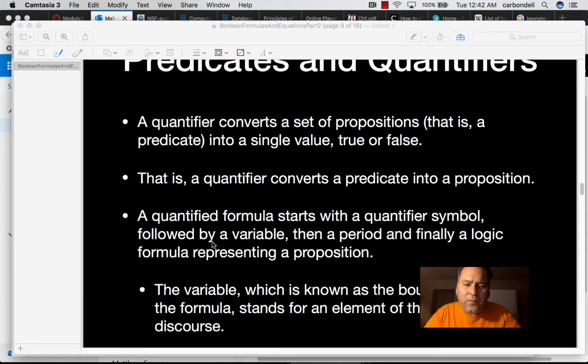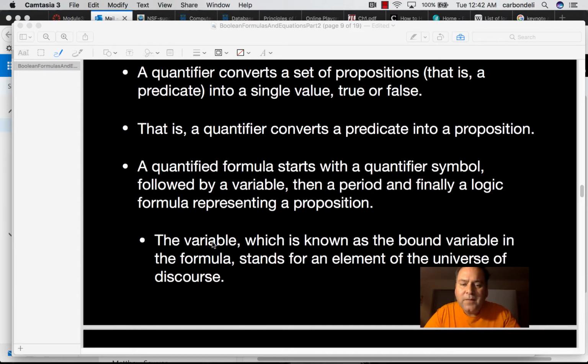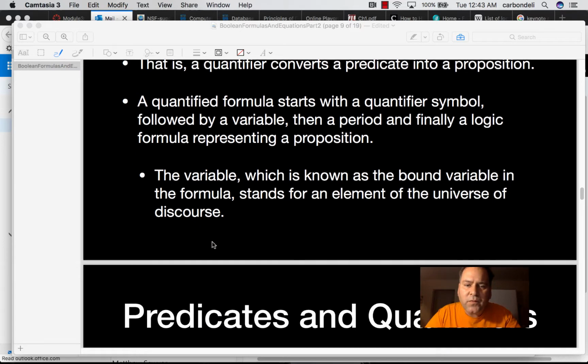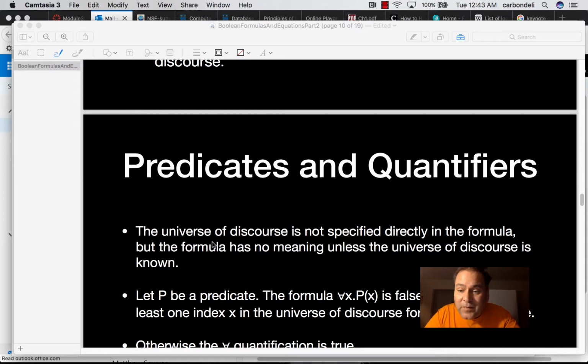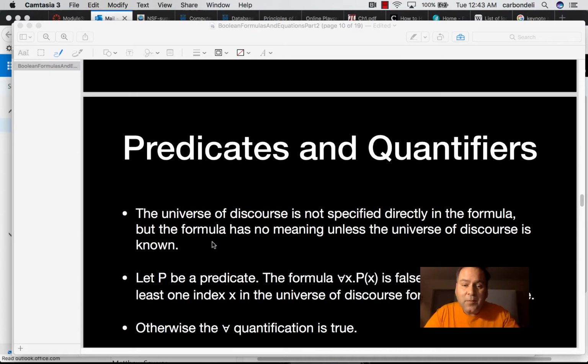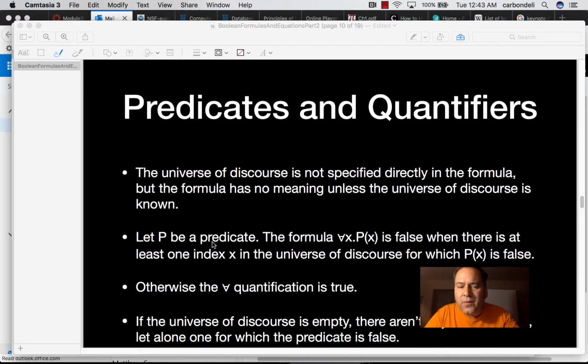A quantified formula starts with a quantifier symbol, followed by a variable, then a period, and finally a logic formula representing a proposition. The variable, which is known as the bound variable in the formula, stands for an element in the universe of discourse. The universe of discourse is not specified directly in the formula, but the formula has no meaning unless the universe of discourse is known.